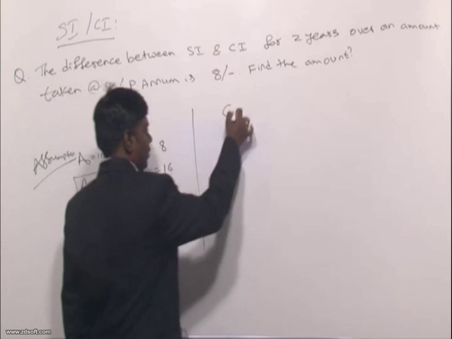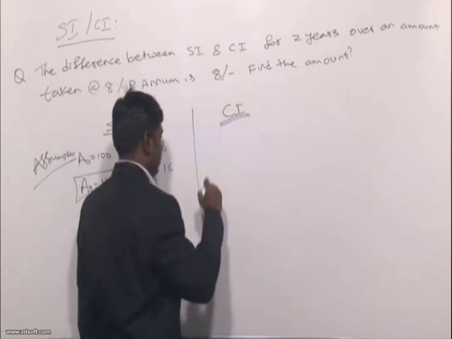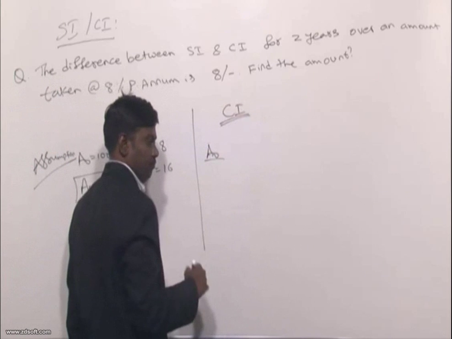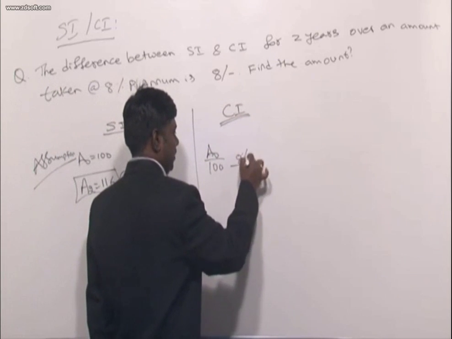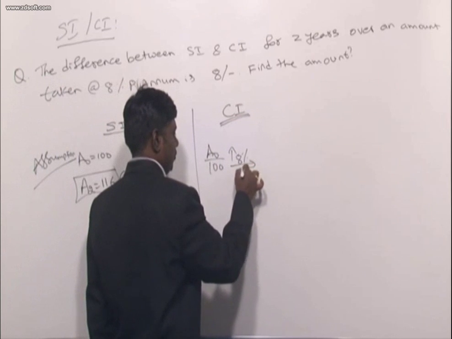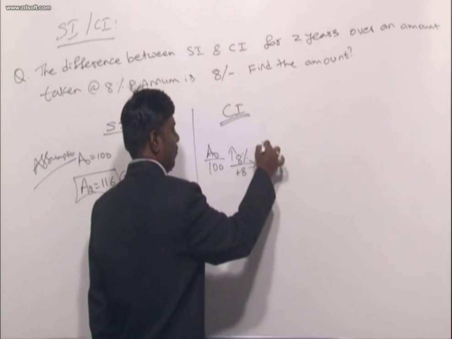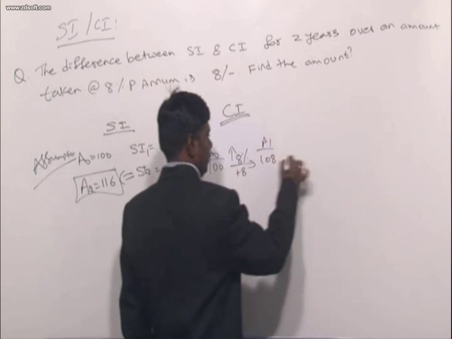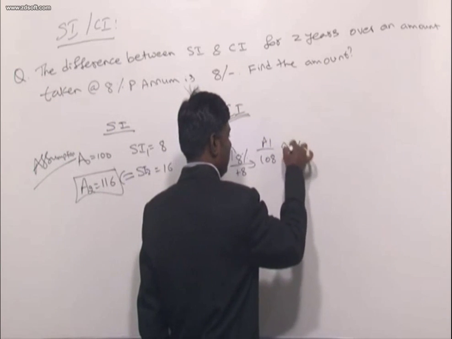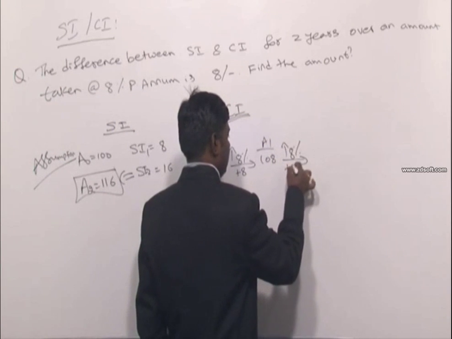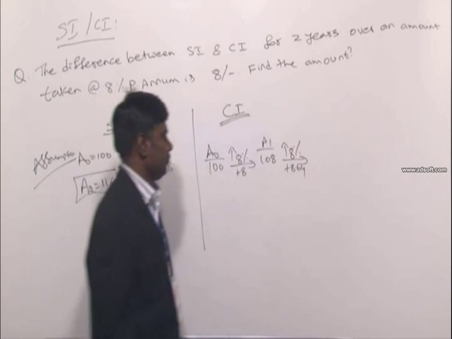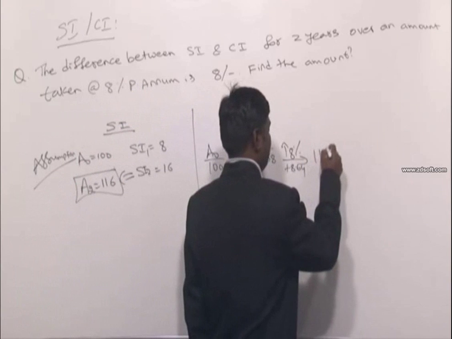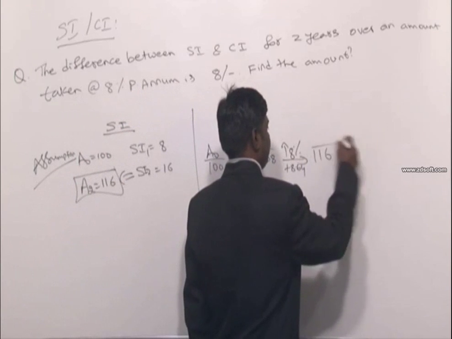Let us consider compound interest. A0, if it is 100, 8%, so plus 8, so it will be 108 after 1 year. You do it again, 8% of this, that is 8.64. So it will be 116.64.